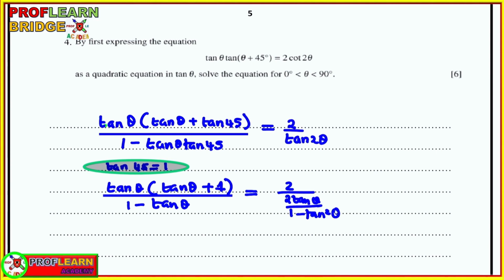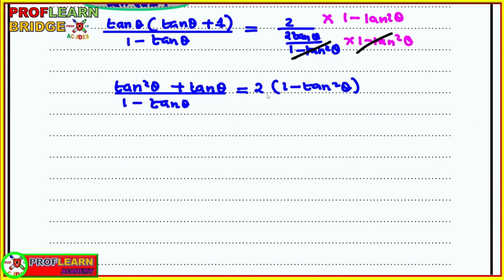So the next thing, once we get this, we are going to multiply both sides. On the right hand side, we have 2 over 2 tan theta over 1 minus tan squared theta. So on the right hand side, I can multiply the numerator and denominator by 1 minus tan squared theta so that I can get rid of that fraction that we have here.